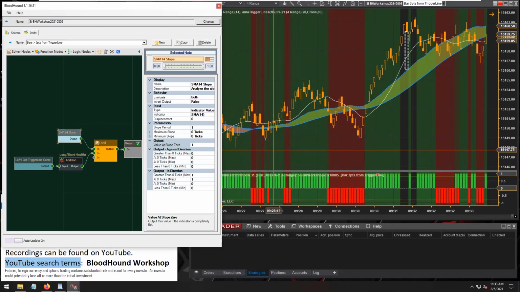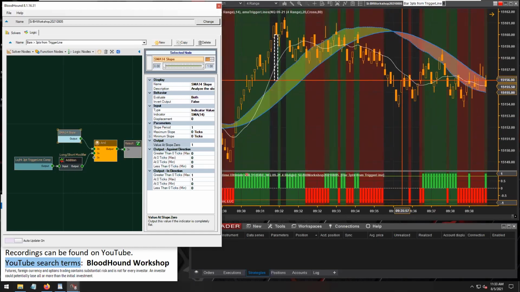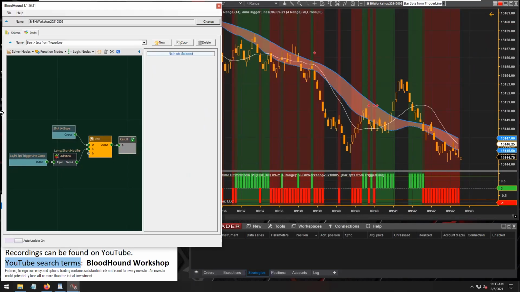And now it allows us to more quickly see when there is that 3-point price separation. Here we go. Here's a bunch more bars that are 3 points away from the trigger line. All right, well, it looks like that does it for Ramesh's question.